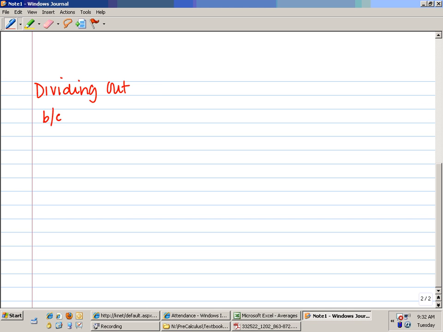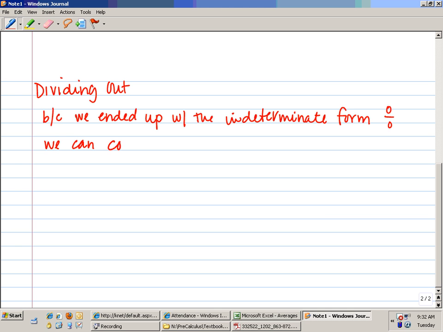Because we ended up with the indeterminate form of 0 over 0, we can conclude. It's a much nicer word than saying assume. Assume means you're not really sure. Conclude means I'm pretty sure.